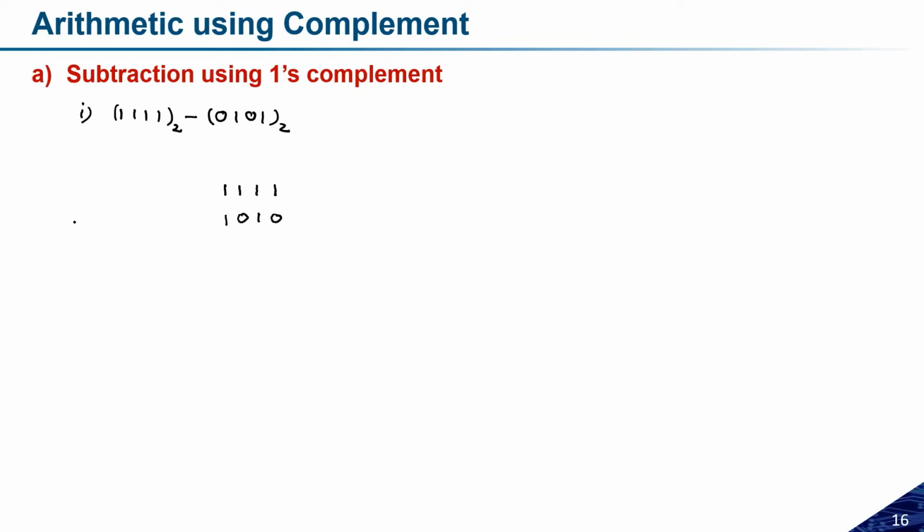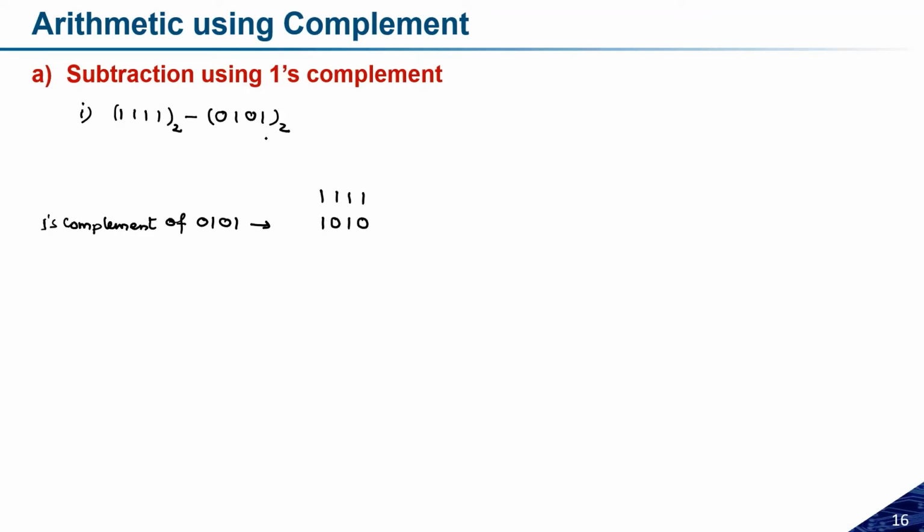So this is nothing but the ones complement of 0, 1, 0, 1, which is 1, 0, 1, 0, and I have the number 1, 1, 1, 1.